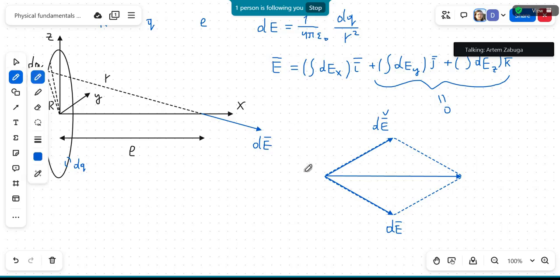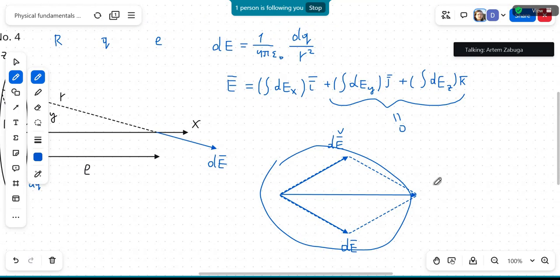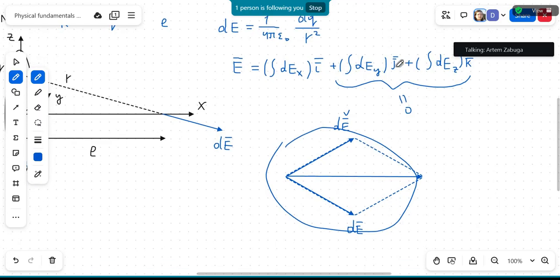So this means that there will not be projections of vector E in directions y and z, and because of this we have 0 for these two terms.